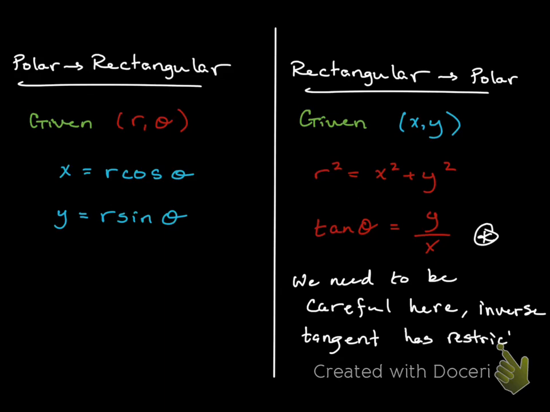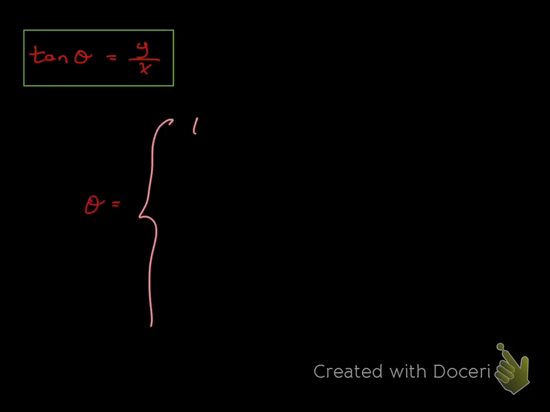I'll just go through them relatively quickly, but in practice, it's a little bit easier than what I make it seem like here. Okay, so tangent of theta is y over x. That means theta is equal to, we get a couple different things. This is a piecewise definition. It's equal to the inverse tangent of y over x as long as x is positive.